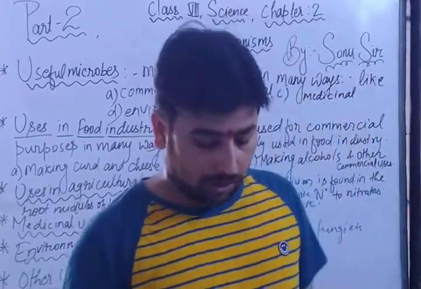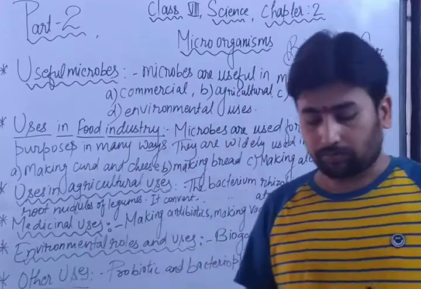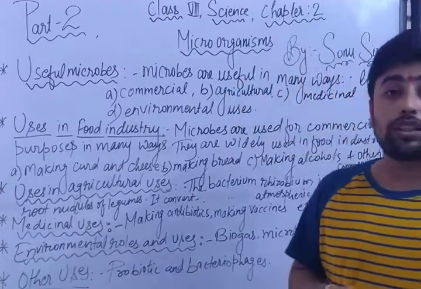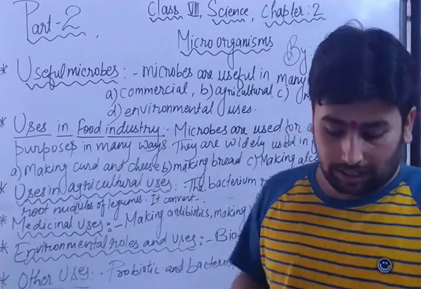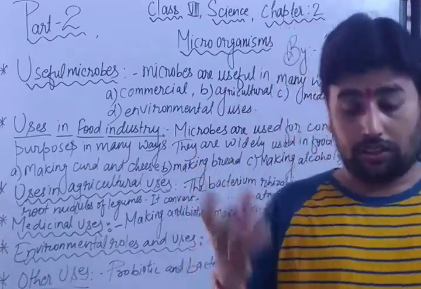Now we are moving towards the environmental roles and uses. You may have seen some fungi and bacteria present on dead and decaying plants, like mushroom plants. You may have seen how these mushroom plants get nutrition.